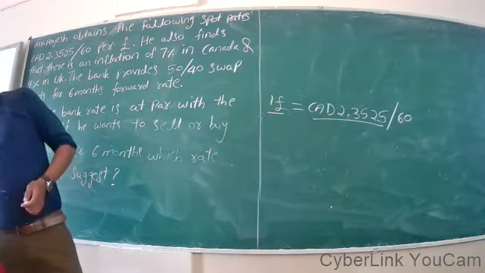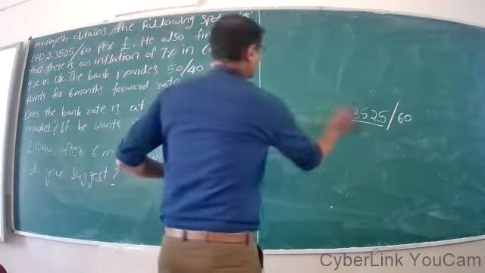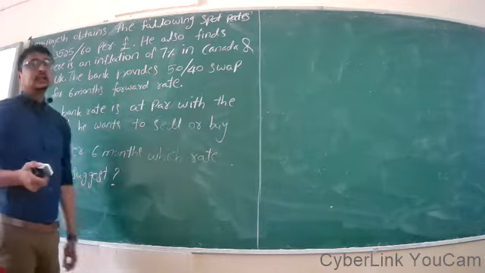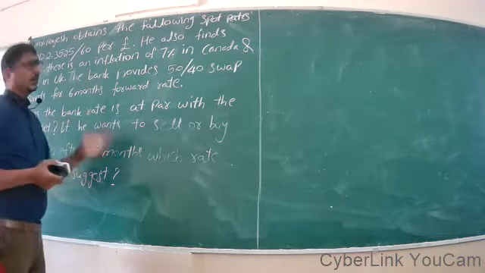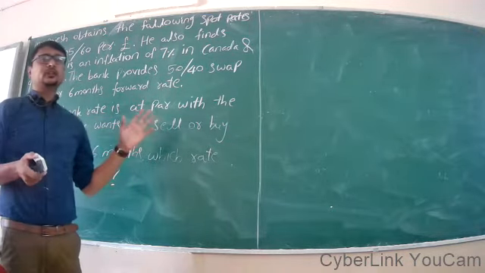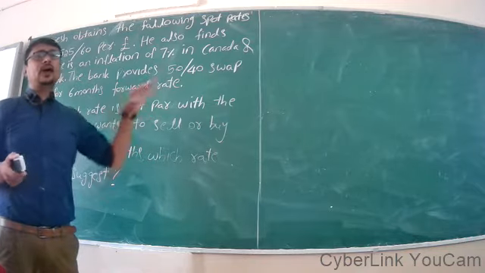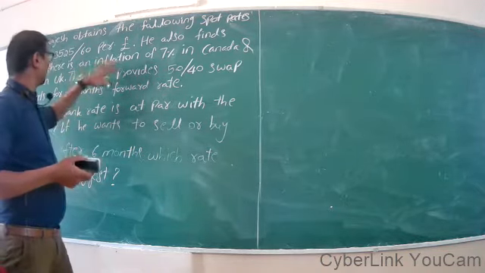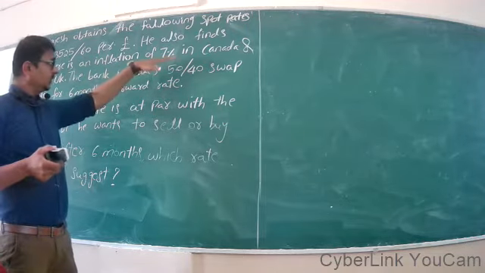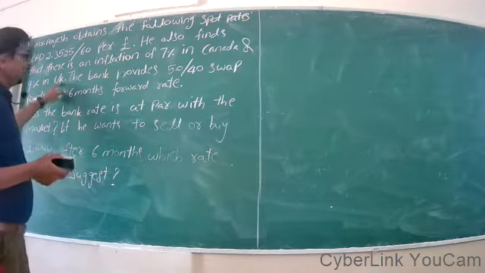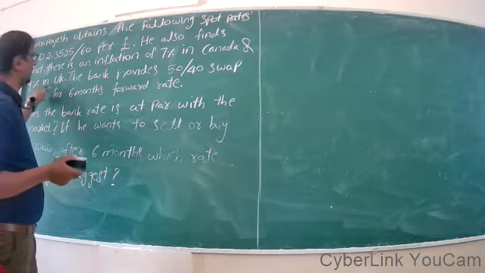Now they are saying Mr. So and so gets all this information. He gets the spot rate, and he gets the inflation in both countries. Since it is related to the relative version of purchasing power parity theory, we have to have the inflation rate in both countries. So Canada, the home country, has a 7% inflation rate, and in the UK, in London, it is 9%.